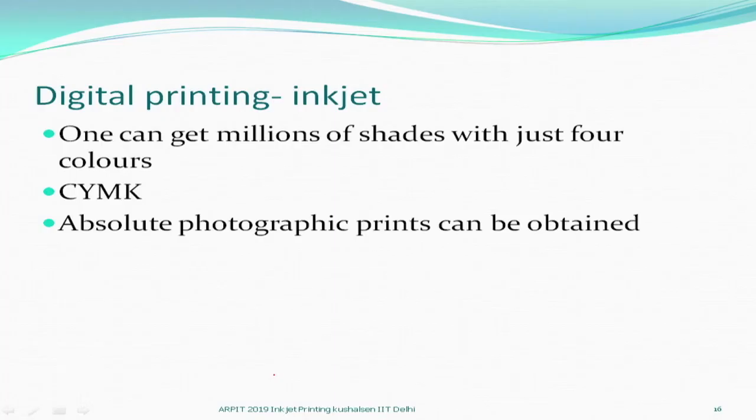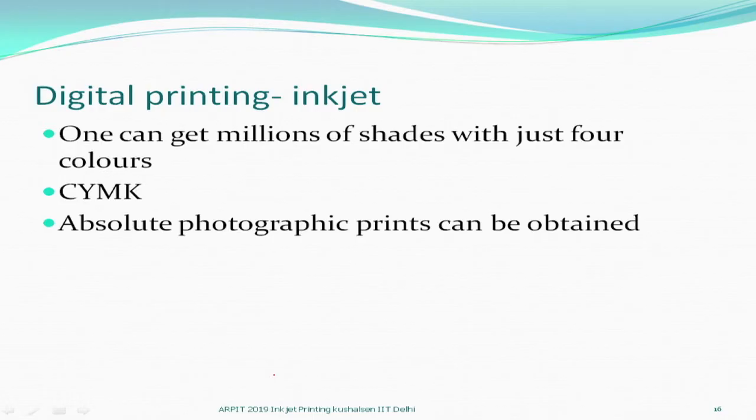Now, how could you print a photograph? You can print a photograph, get millions of shades, theoretically and also in practice, with just 4 colors. When you have conventional printing, a 5 color design meant 5 rollers or 5 screens; millions of shades cannot be produced by that method.